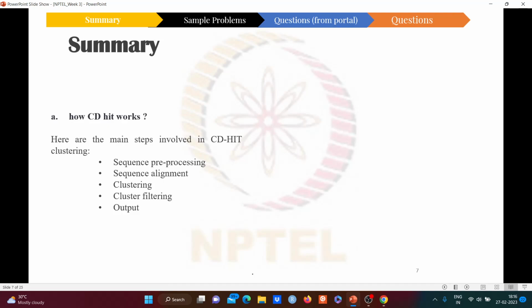The next step is clustering. CD-HIT uses a clustering algorithm to group together the sequences that share a high degree of similarity. So in the sequence alignment step, if two or more sequences are found to have a similarity identity that is equal to or more than the threshold, then they are clustered together.